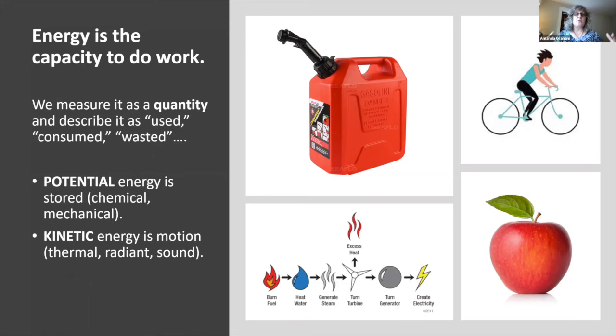And when we're thinking about energy as the capacity to do work, it's helpful to distinguish between potential energy, which is energy that's stored, like this gallon of gasoline, or even the energy stored in this apple, versus the kinetic energy, which is energy in motion. So energy that is actually doing something, doing that work, propelling that bicycle or turning that wind turbine.